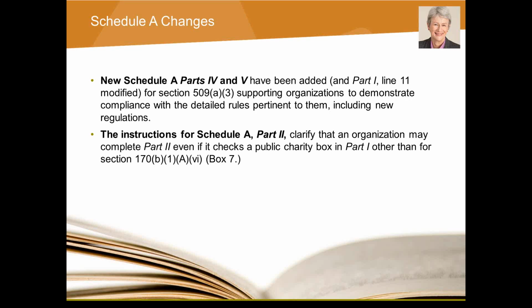So if you go to Parts 2 and 3 of the Schedule A, those are separate ways of computing your public support percentage. So again, in the minds of practitioners and many organizations, if you checked box 7, you would fill out the first public support test. If you checked box 9, you would fill out the second public support test. And what the instructions are now saying is that even if you check a box other than box 7, you could still do the second public support test if that came out better for you. So just a little clarification there.